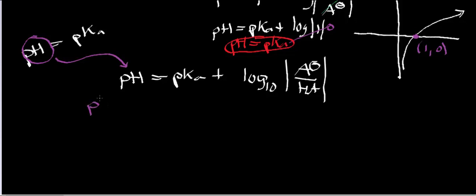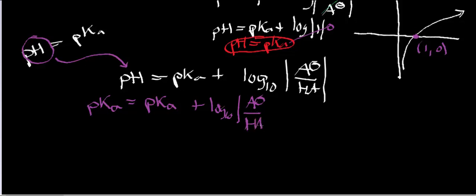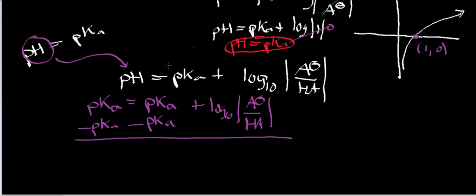So what we're going to get is the pKa is equal to the pKa plus the log base 10, where the argument is the concentration of the conjugate base over that of the conjugate acid. Well, you can just subtract pKa from both sides. It's legal. If you do one thing to one side of the equation, you have to do it to the other. And what you're going to end up getting is both of these cancel out, to 0.